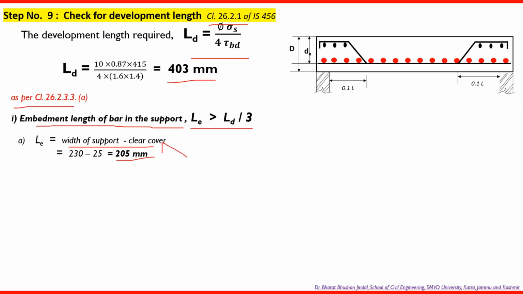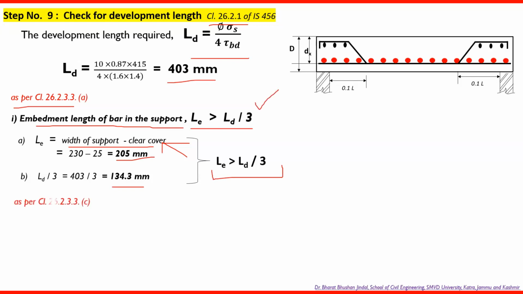For more detail, if you have any doubt, you can refer to the same guideline which we have discussed in the design problem of the one-way slab, and Ld by 3 comes out to be 134.3. So it is very much clear that embedment length is greater than Ld by 3, which is the condition given by IS 456.